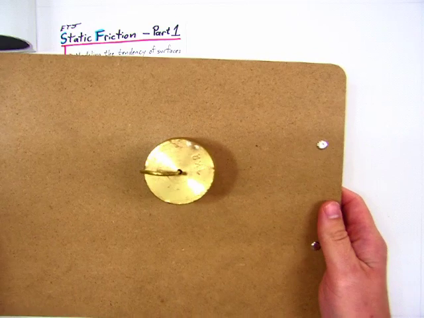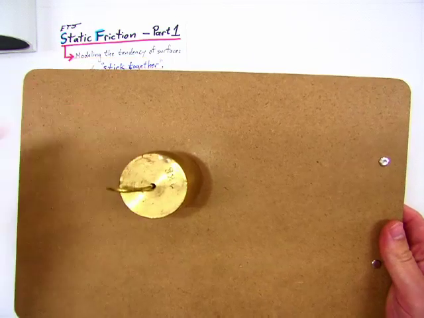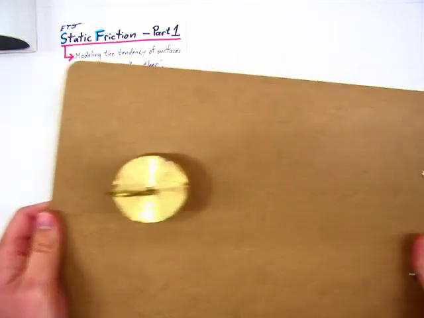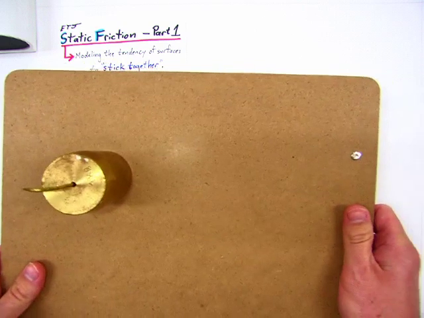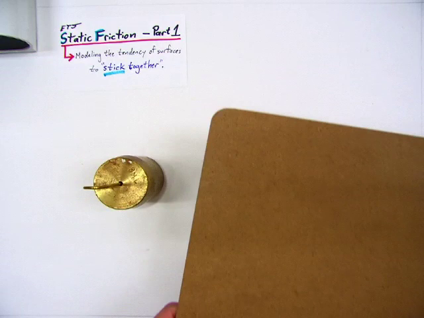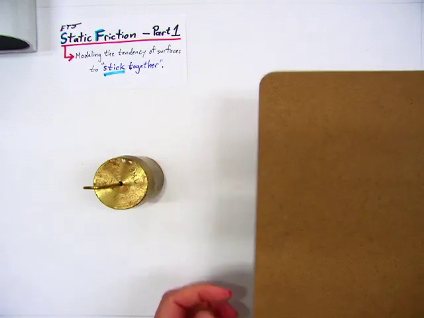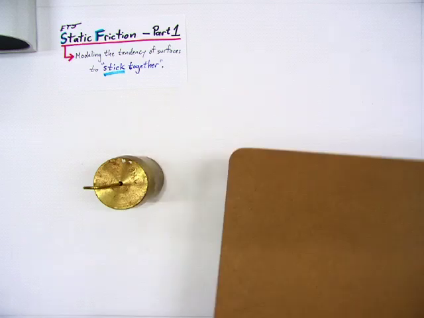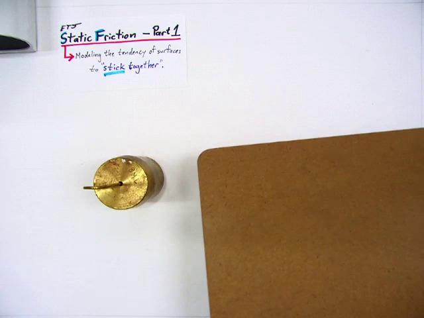I can pull the tray to the right again, and I broke static friction between the mass and the tray. I can keep doing that, all the way until the mass slips off. And what I've done is sort of slide the tray out from underneath the mass by giving the tray a bigger acceleration than static friction can provide to the mass, because static friction has a maximum value.